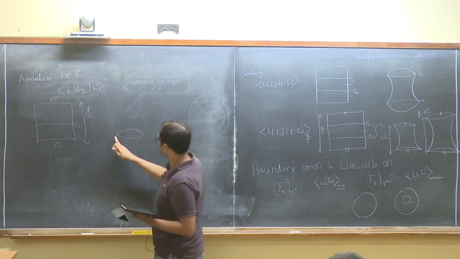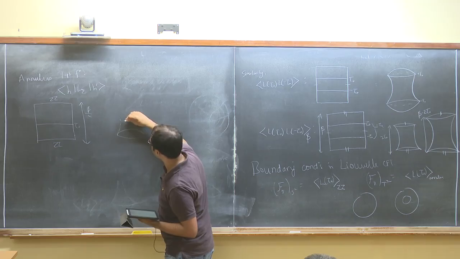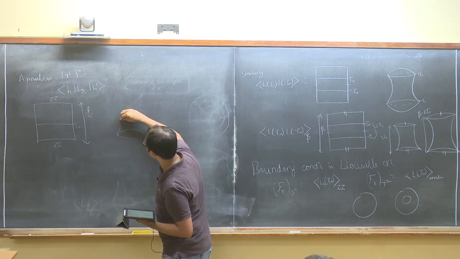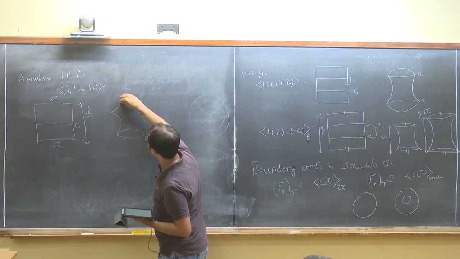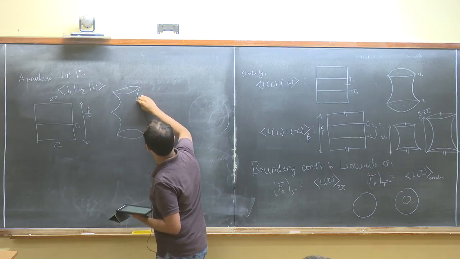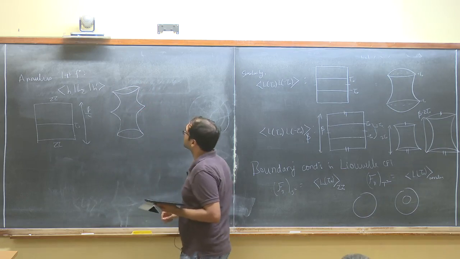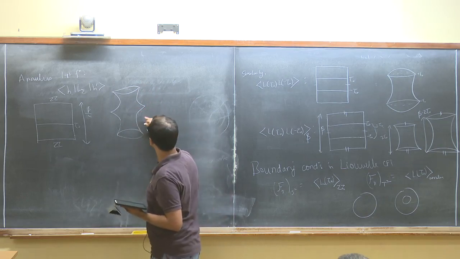So this is like the ZZ boundary, and then the surface curves inward and then reaches a minimum radius, and then you insert the line defect, and then again it does the same on the other boundary. Okay, so bad drawing.